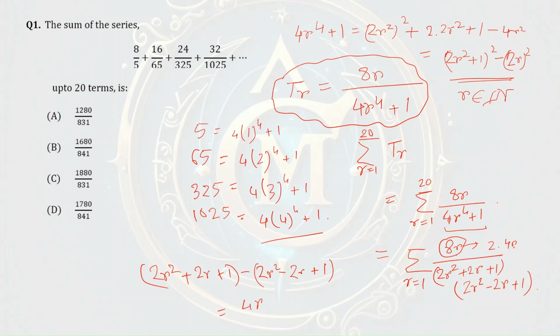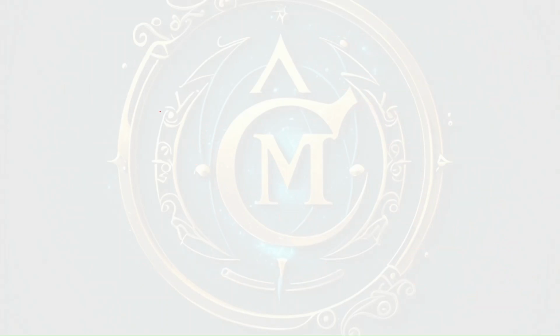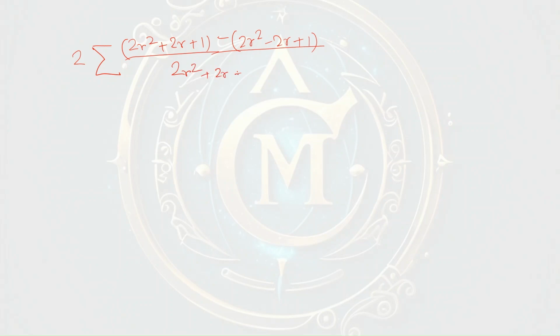So we will get the expression in the numerator easily. So let us proceed. Here we take the 2 out and then sigma, then 4r, or maybe we can write directly 4r as 2r square plus 2r plus 1 minus 2r square minus 2r plus 1, and then these two terms in the denominator.